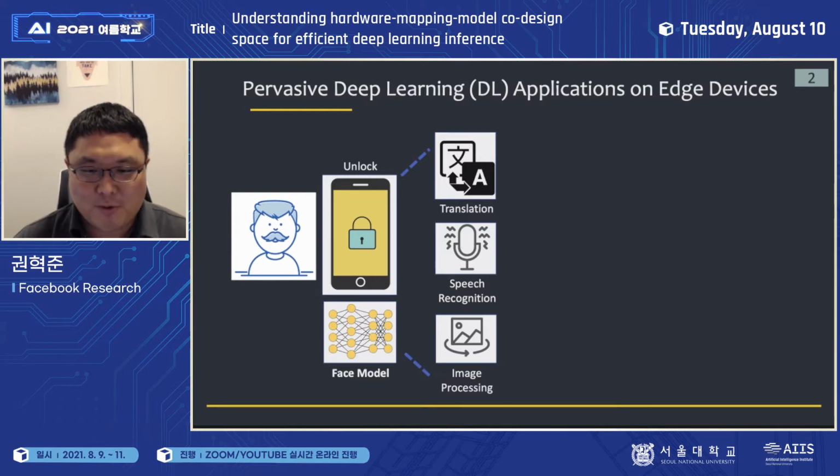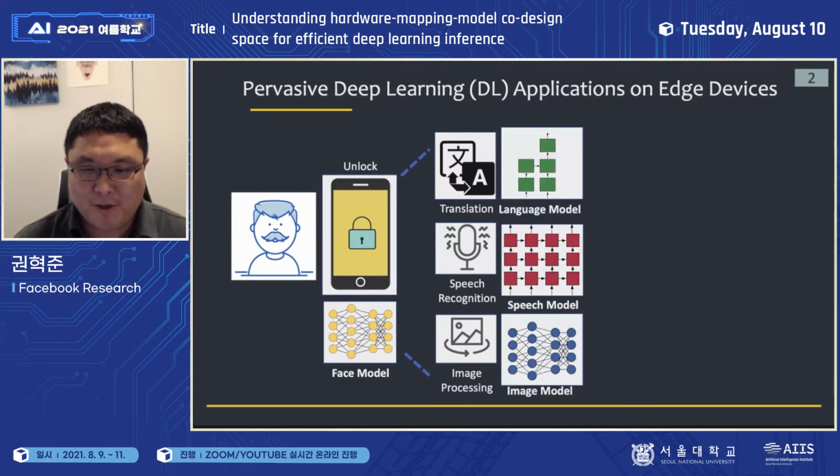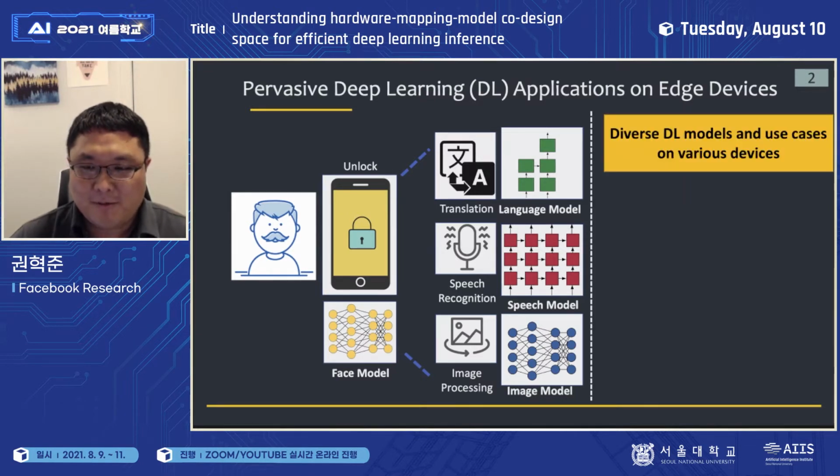Most of them today are relying on deep learning models as backbone. And from these examples, we can see diverse deep learning models and use cases exist on various devices, not only smartphones, but also, say, smartwatches and virtual reality headsets, and so on.